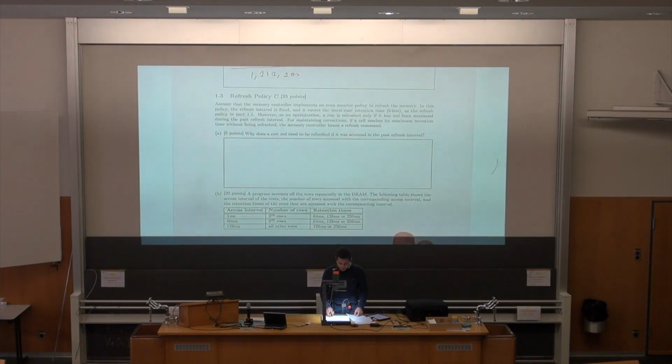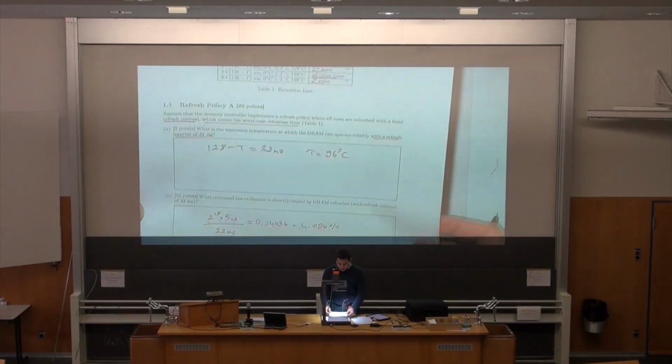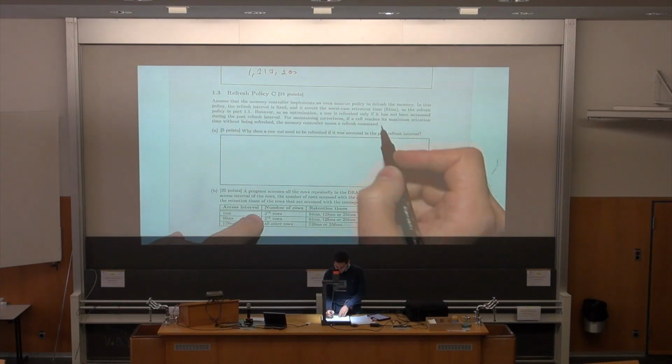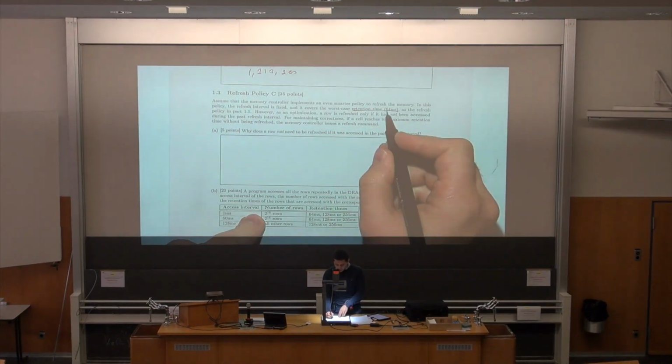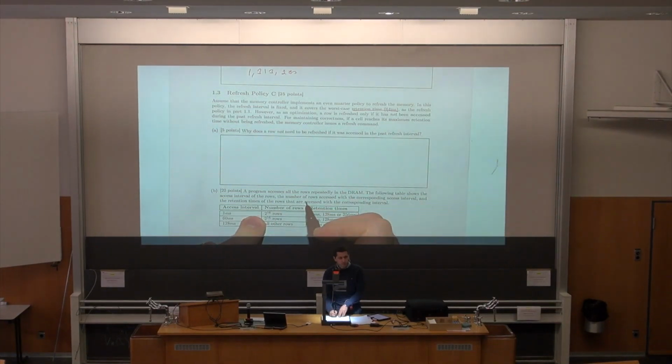Basically, this is the same policy as the first one, where we take the worst case in the retention time, and then the memory controller refreshes all the rows based on this retention time. The retention time is actually given also here. So the memory controller will refresh all the rows every 64 milliseconds.